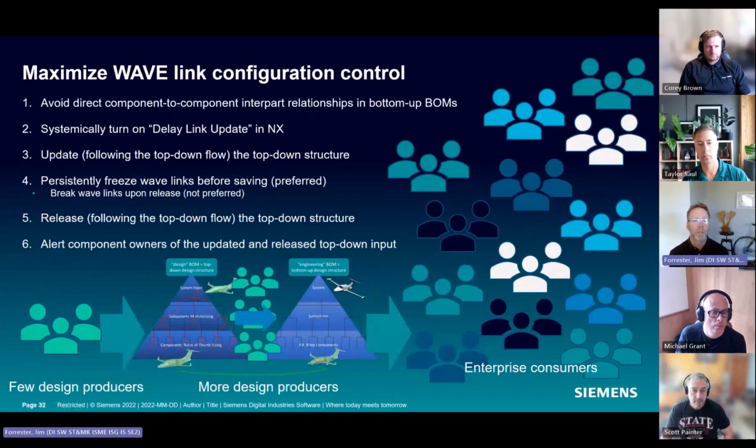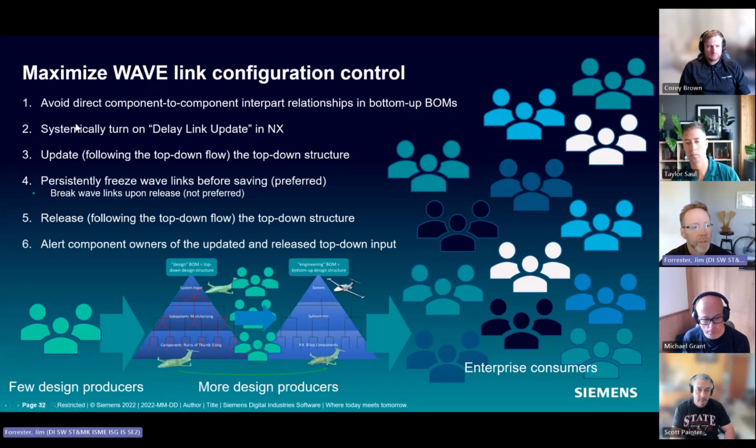Maximize wavelength configuration control. Again, you want to avoid unintended wavelengths. You want rapid wavelengths. You want structured wavelengths. You want them released. Avoid direct component-to-component inter-part relationships and bonds. That's key. Systemically turn on delayed link update.